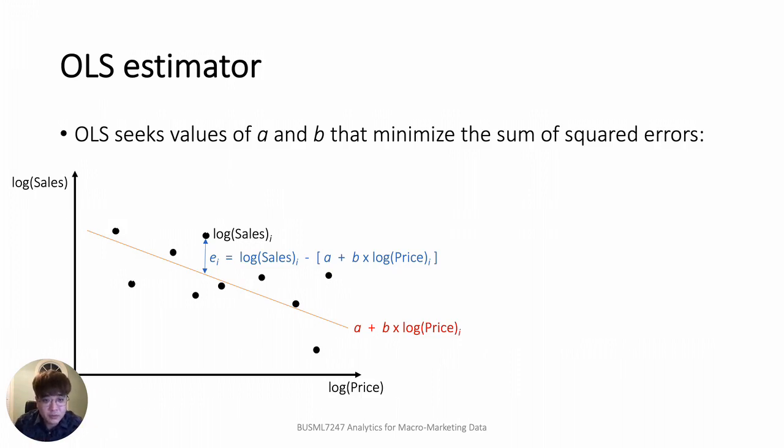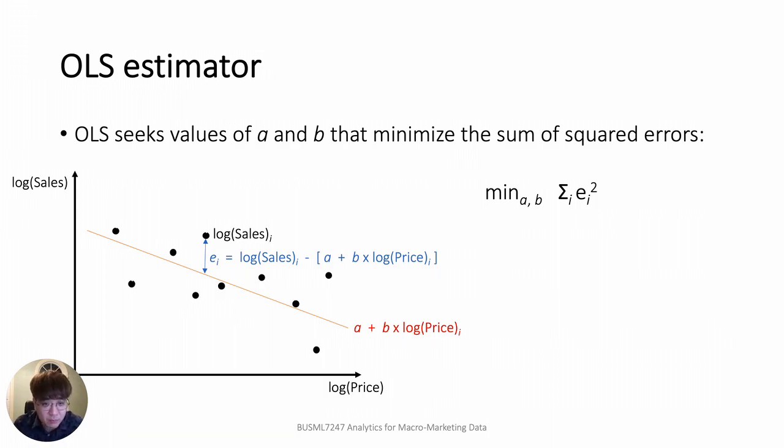OLS computes the error of each observation, which is the deviation of the log sales from the linear line. Then, OLS computes the sum of the errors squared and determines the values of A and B by minimizing the sum of the squared errors.